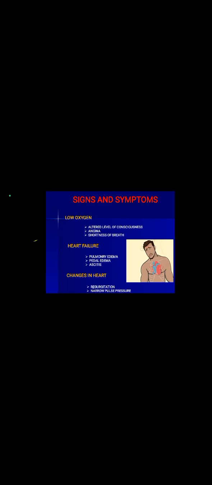Then changes in the heart: there will be mitral valve regurgitation, S3 gallop, peripherally displaced PMI, and narrow pulse pressure.